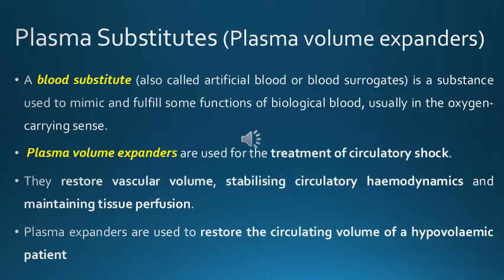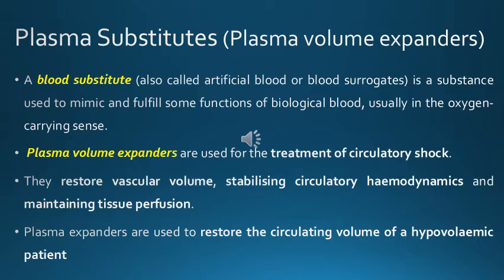So, what is the use of blood plasma substitute? Plasma substitute is used in the treatment of circulatory shock. It is used to restore the vascular volume, to stabilize the circulatory hemodynamics, and to maintain the tissue perfusion.